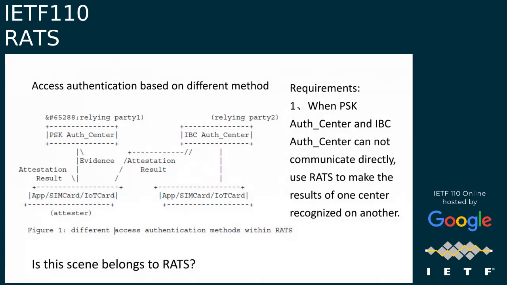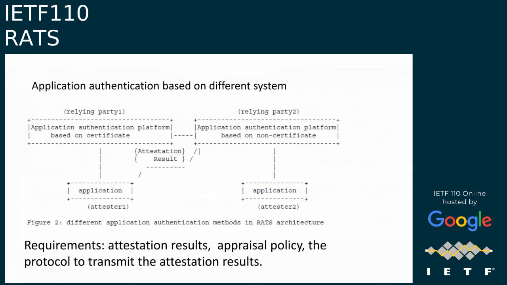So when the PSK center and IBC center cannot communicate directly, maybe we can use RATS to make the results of one center recognized on another. I'm not sure if this scenario belongs to RATS. Next slide.